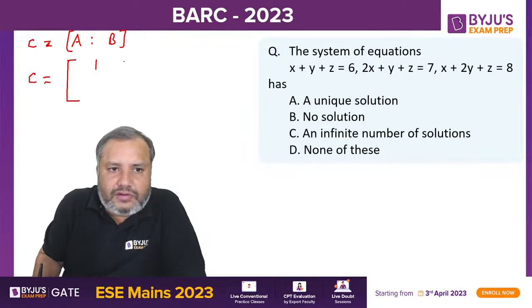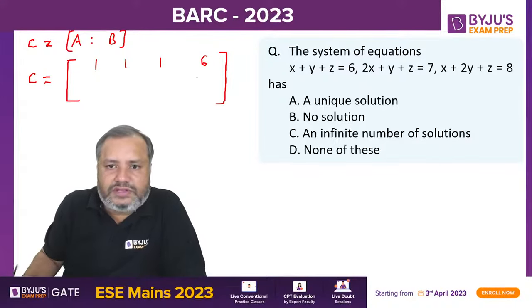So 1, 1, 1, 6, then 2, 1, 1, 7, then 1, 2, 1, 8.